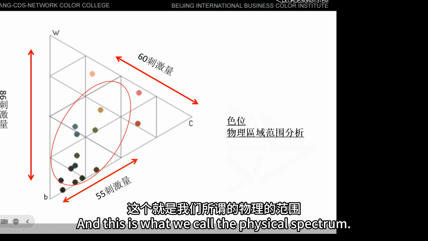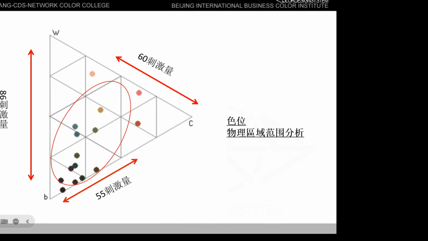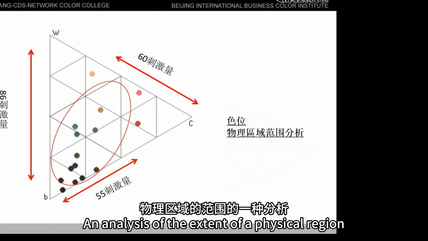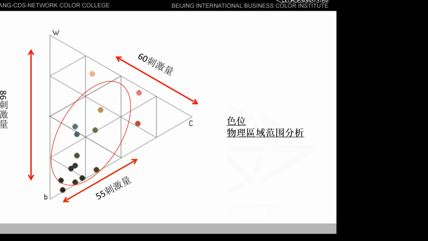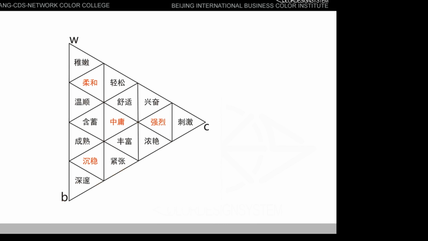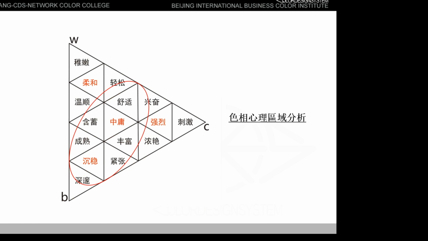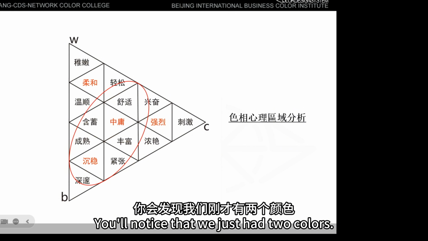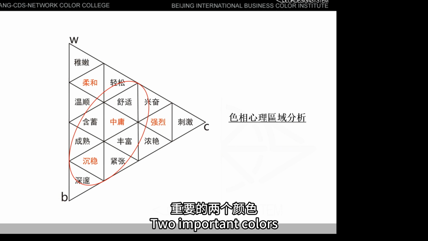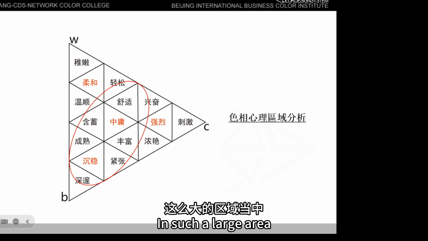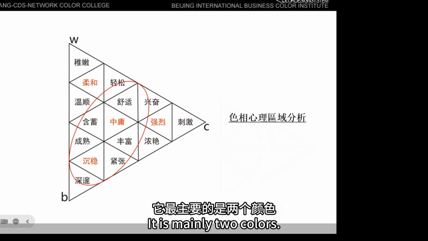And this is what we call the physical spectrum, an analysis of the extent of a physical region. Okay, let's go to the analysis of his psychological part. You'll notice that we just had two important colors. Did you see that? In such a large area, it is mainly two colors.